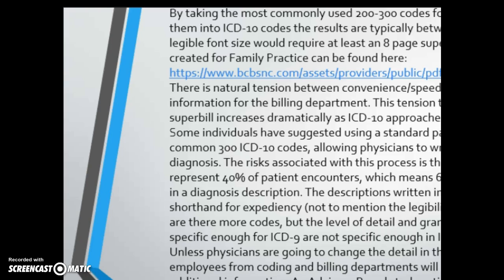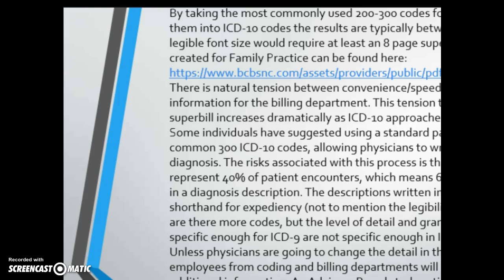And here are just some of the details that you're already familiar with, about the number of codes going from 68,000 to over 100,000 variations of the diagnosis codes. But along with all of that, please don't be overwhelmed. I am certified as a coder for ICD-10 through the American Academy of Professional Coders, so I've taken that certification exam.